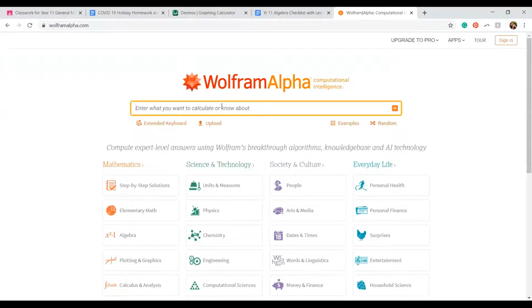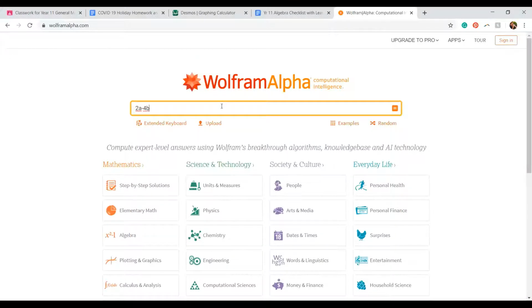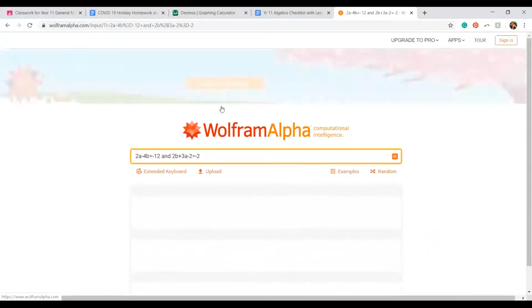The actual point is this. I can type in any simultaneous equation, and it will solve it straight away. 2a minus 4b equals -12. And then I'm going to write 2b plus 3a minus 2 equals -2.